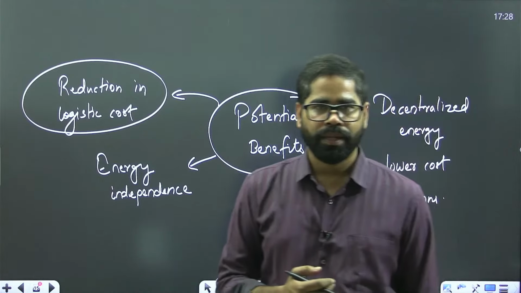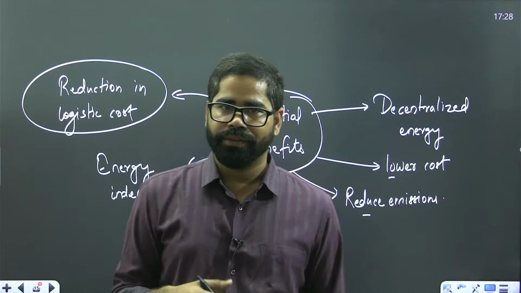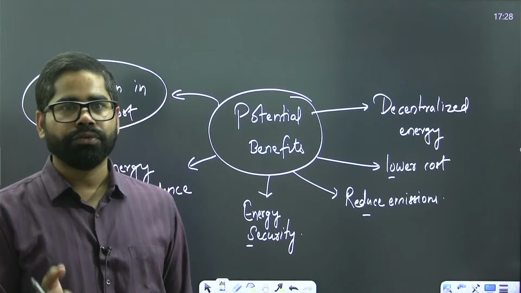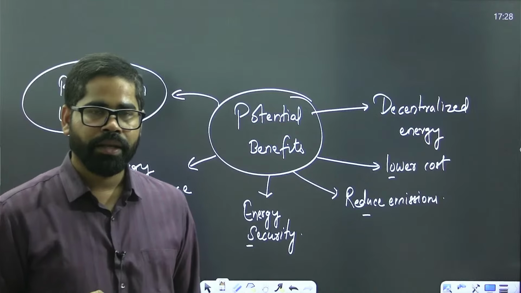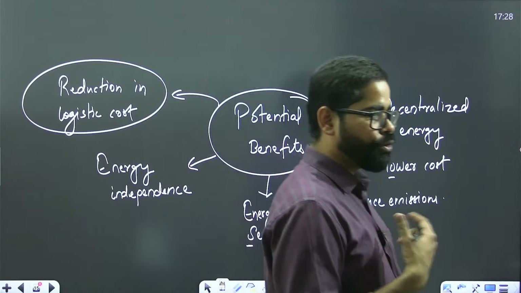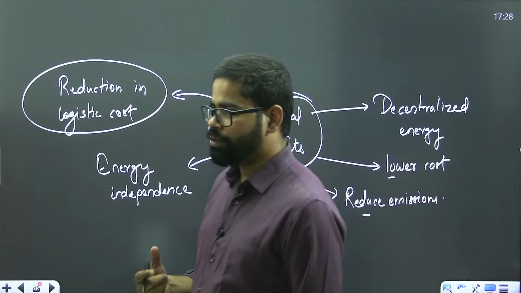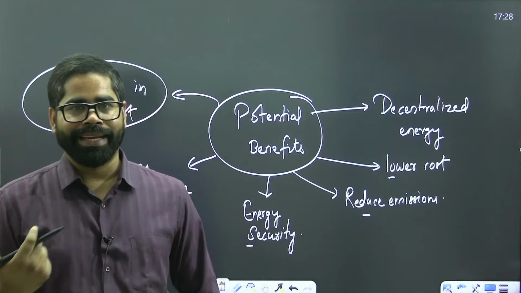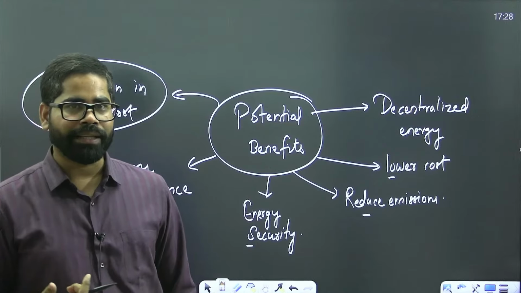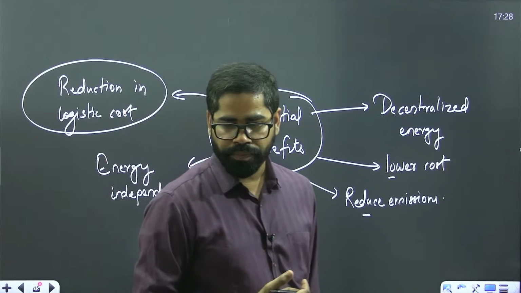Transmission loss is something which can be reduced if we have rooftop solar installation. You can also say that this is going to bring Atmanirbharta in energy, self-reliance in energy.